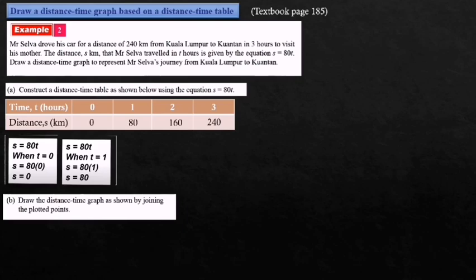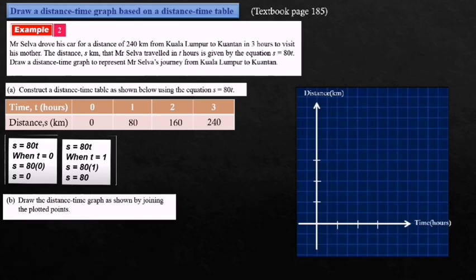Use a grid paper and draw the axes on the grid paper, and we know the time is from 0 to 3, so we label it 0, 1, 2, 3. If I start from 80, 80 plus 80 is 160. 160 plus 80 is 240. So this is in uniform scale already.